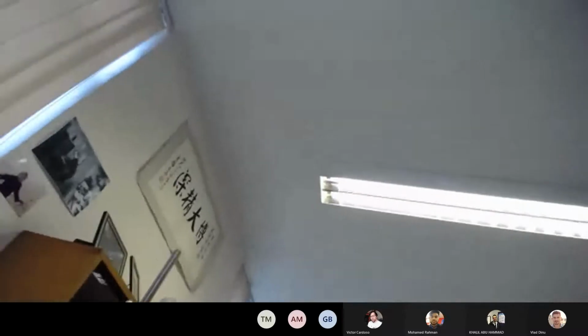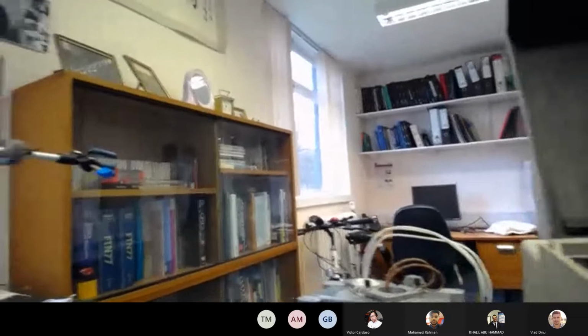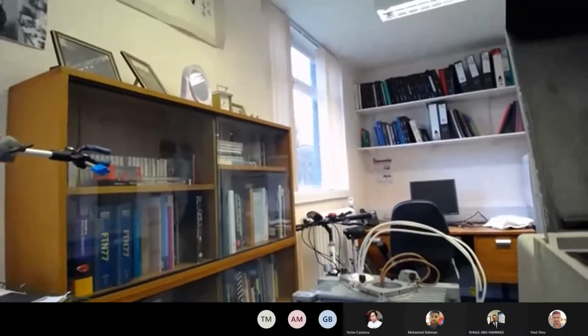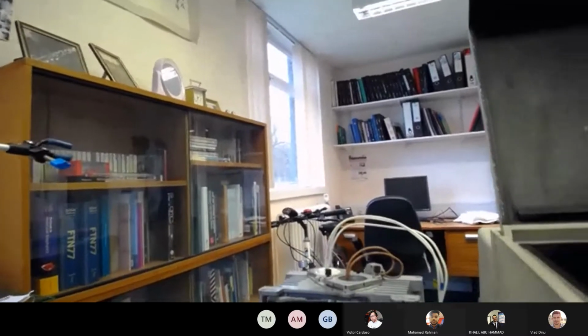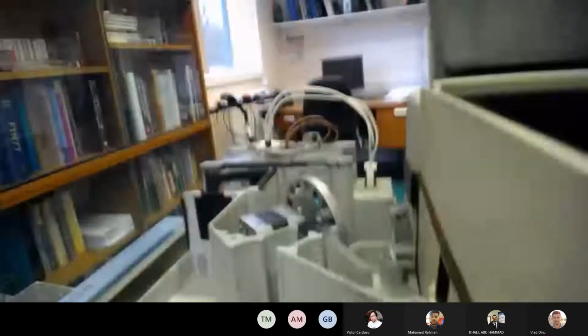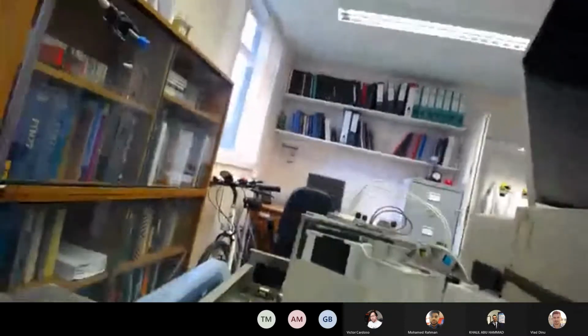Then through this hole, and then the light passes through the sample, which is in the cuvette, and then is recorded by a detector, and then through to a computer which records the absorbance.